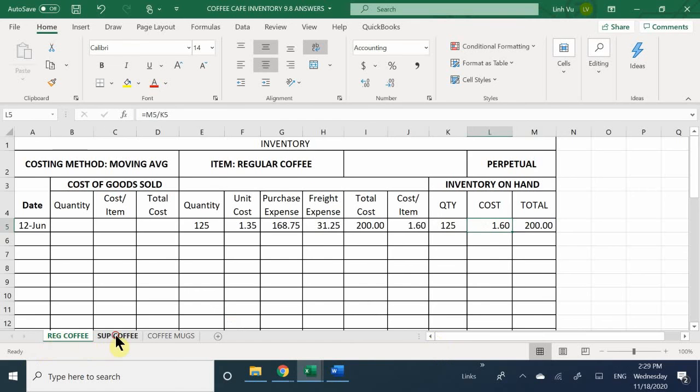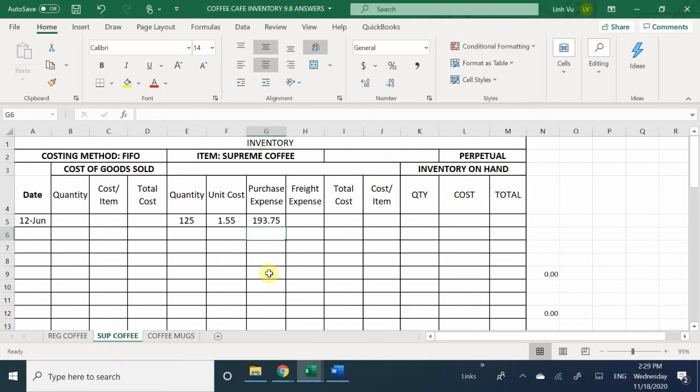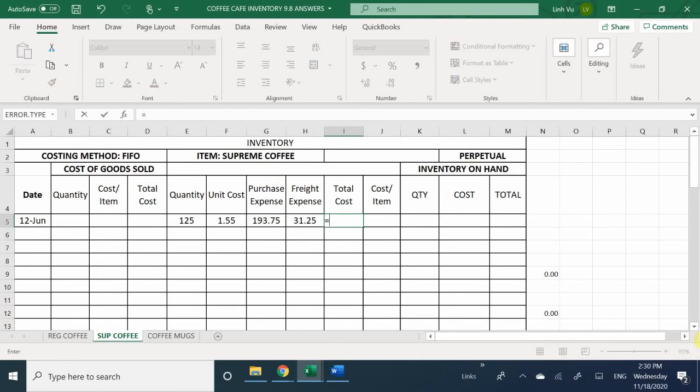Okay? So now we're going to move along to Supreme Coffee. We're going to fill the same thing in, $31.25, bringing my total cost to $225. Sorry, I was trying to put in the formula.